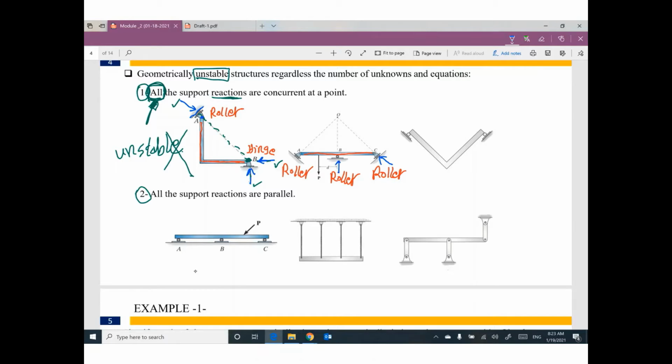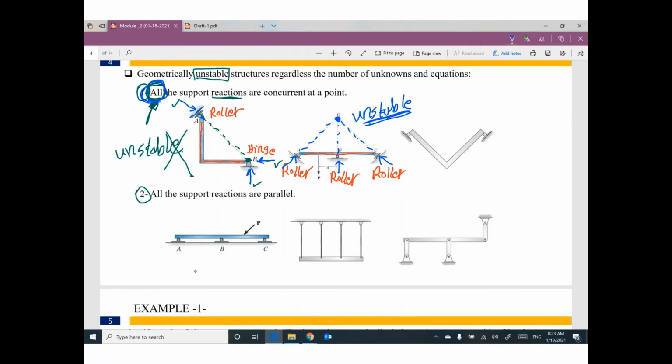Can you extend the directions of these reactions? If you extend this one, this one, and this one, please remember, all of them intersect at one point. That means this structure is unstable.